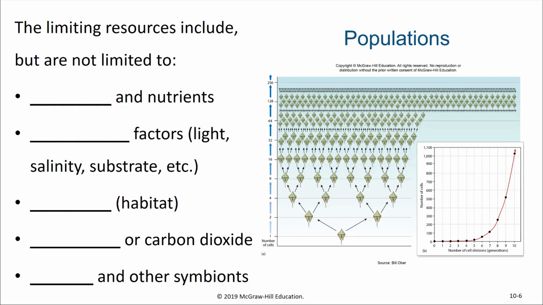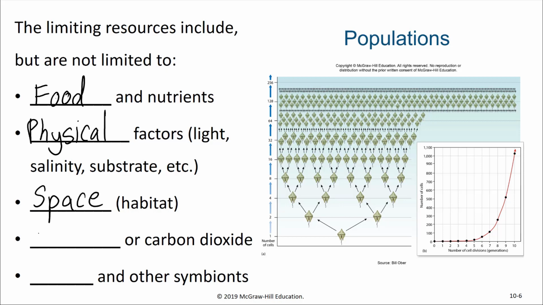And a variety of different things can be limiting resources. This can include food and nutrients. It could be physical factors, such as light, salinity, or even just surfaces or substrate to live on. It could simply be space or habitat.